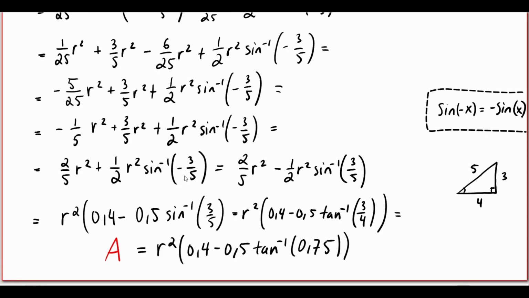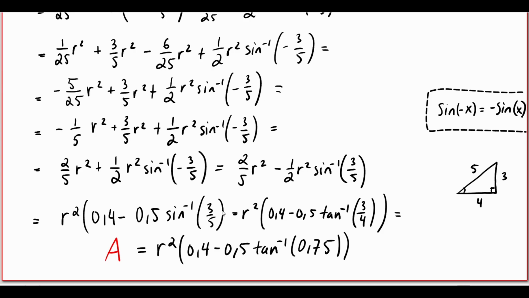And we can rewrite it without fractions, and then we can also factor out r squared. So we have r squared here times 2 over 5 is 0.4 minus 1 over 2 is 0.5, and then we have the arcsine of 3 over 5, which is the same as 0.6.